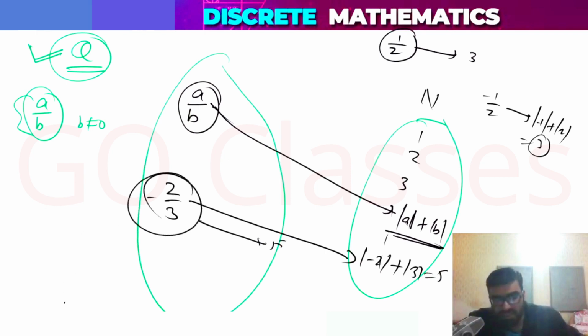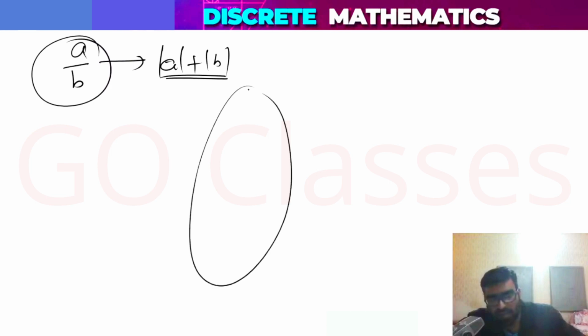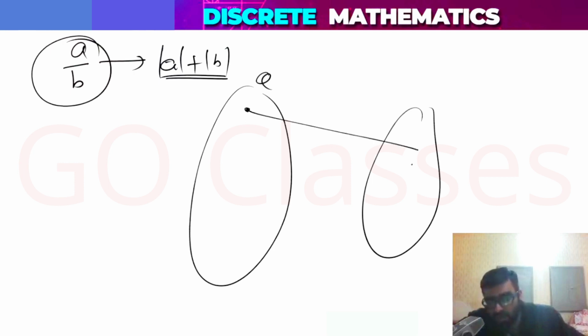Now let's see whether this assignment satisfies all the conditions that we want. I have a by b, and I am assigning it to mod a plus mod b. I told you that for every element in this set of rational numbers, you must have a unique natural number. This is true, because if you have 1 by 2, then it will be assigned to 3.